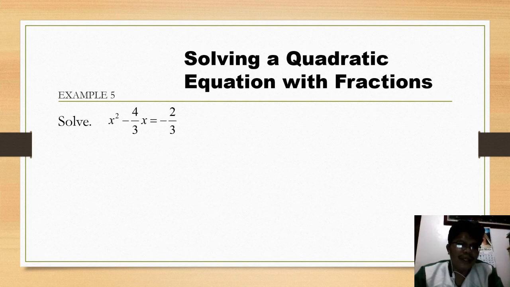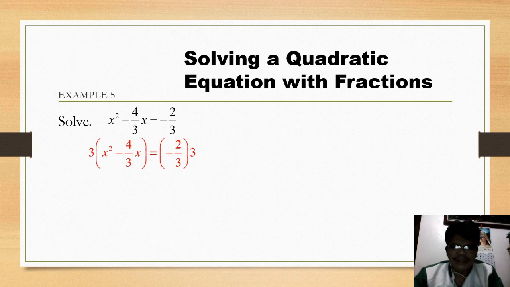So, multiply 3 by the first member of the equation, so it becomes now 3 times the quantity of x squared minus 4 over 3x equals, the same dun sa right, multiply din ng 3, so that's negative 2/3 times 3. Now, in the left member of the equation, multiply 3 by x squared, so it becomes now 3x squared, and then multiply 3 by negative 4 over 3x, it becomes now negative 4x, then equal to negative 2.